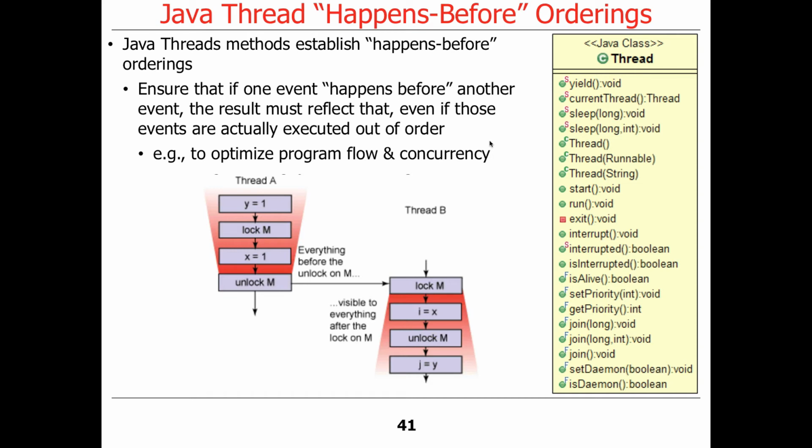You can see here that thread A is going to set Y to 1. Then the lock is going to get set, and it's going to set X to 1, and then it's going to unlock the lock.